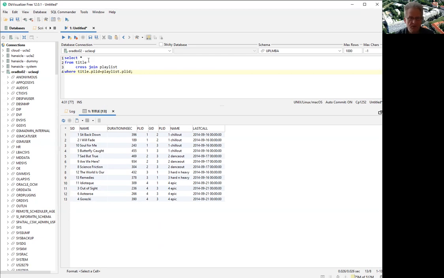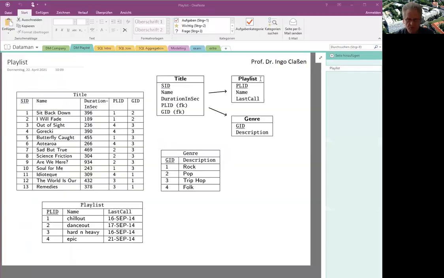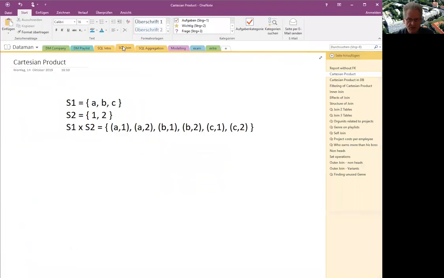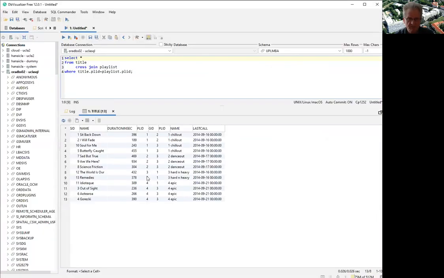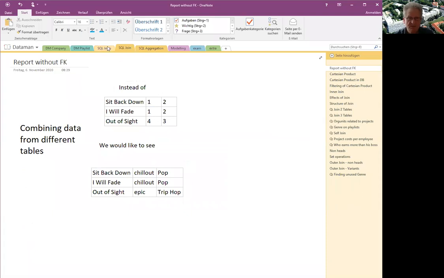And let's assume we would like to only see what was our expectation here. Also the genre we just keep here. In the first step we stick to title and playlist. I will come to the genre later on. So we take the name of the title, and then we have the description, no? Or what was it? I forgot it.